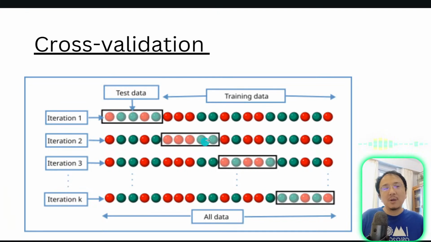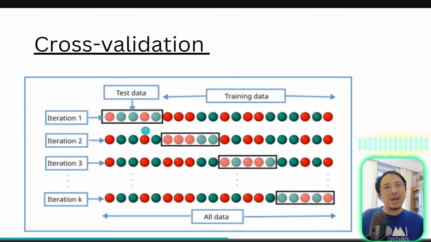Secondly, we pick another 25% of the data as validation data, and the remaining 75% as training data, and do it over again to see a result. We repeat this process a third time and a fourth time, so that every element has a chance to be validation data, and also three chances to be training data.